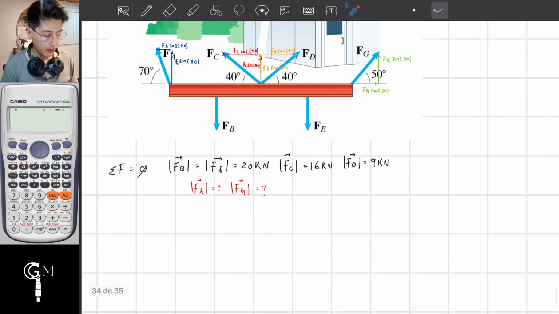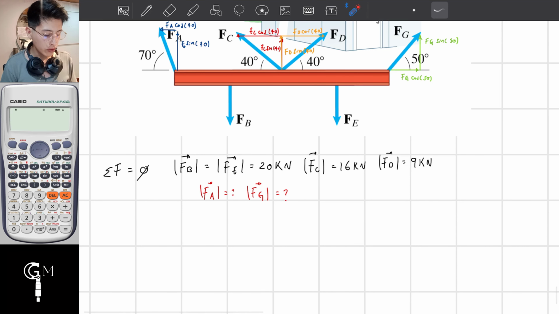Now, the exercise is asking us to determine the magnitudes of Fa and Fg. How are we going to do that? By determining at least two equations, since we have two unknowns. Remember that when you want to solve a specific number of unknowns, you have to have at least the same number of equations.